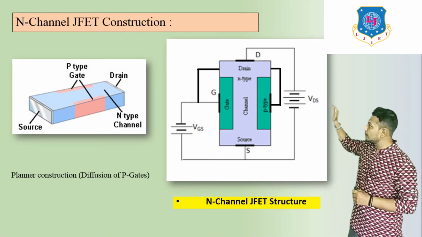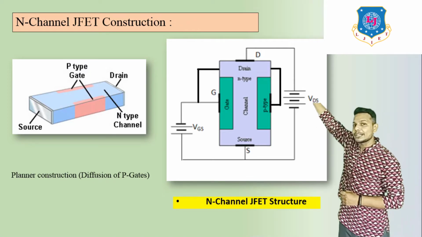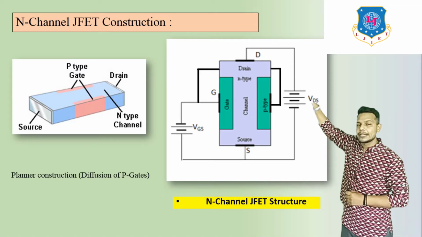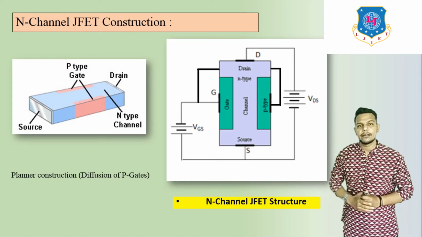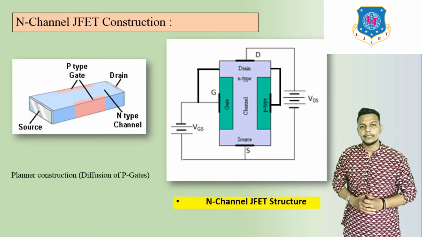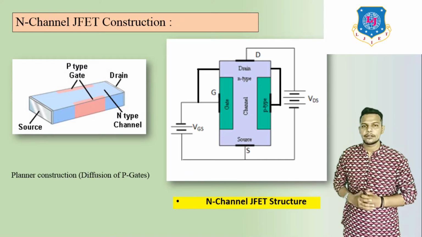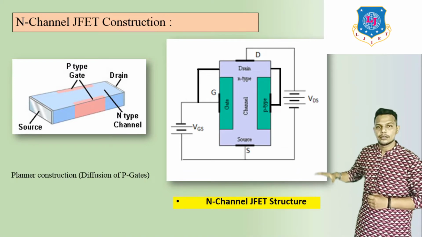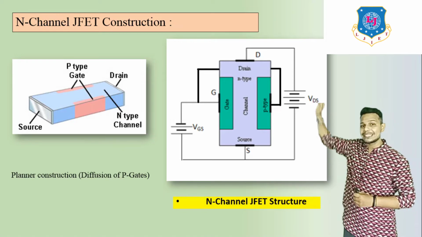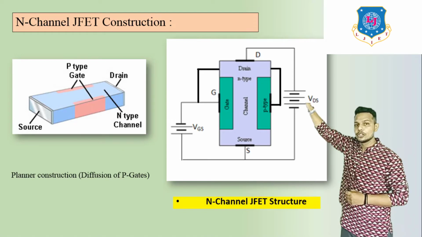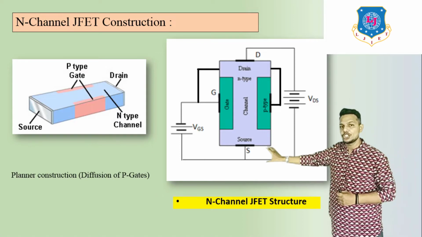The current flowing in this direction on the output side is the output current, known as ID, or drain current. Here we have to control this drain current ID through VGS.